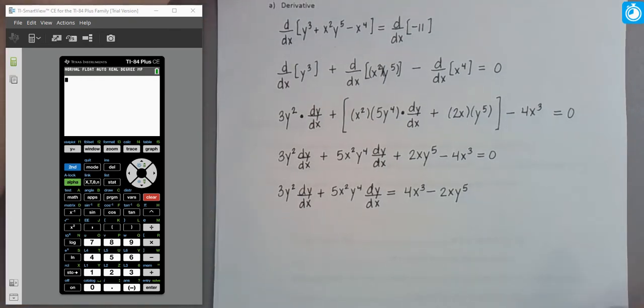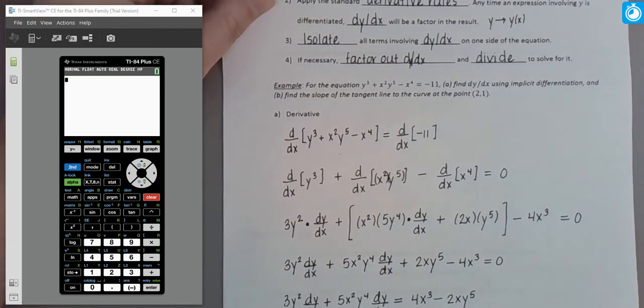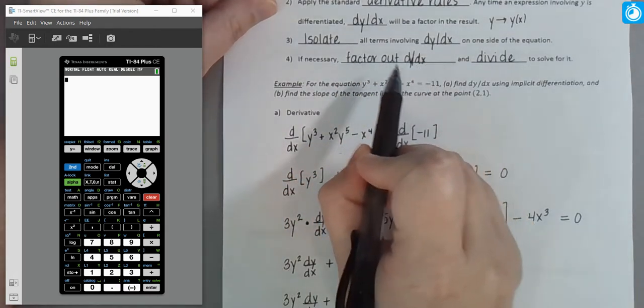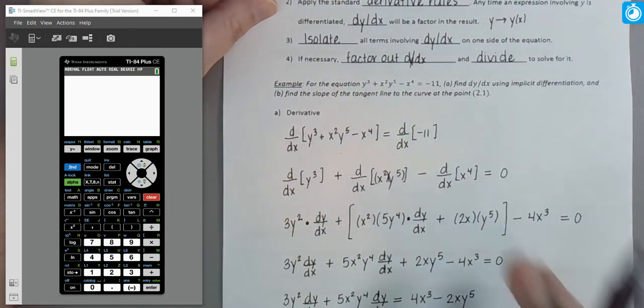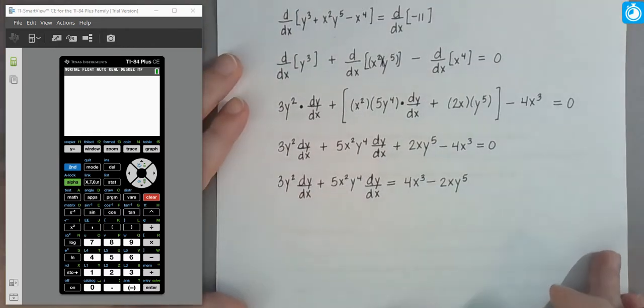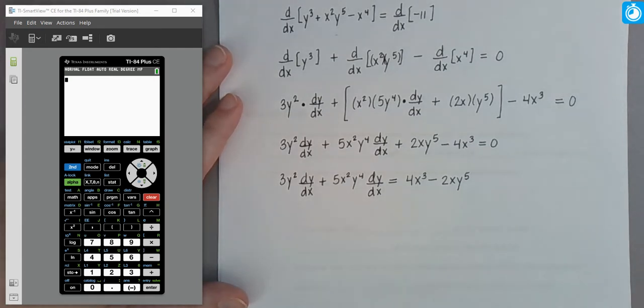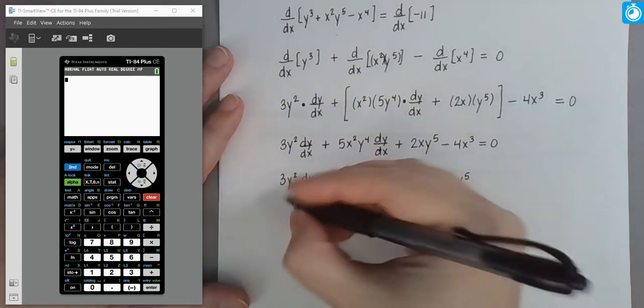Okay, so the next thing to do, once we have all those terms on one side, everything else on the other, we're going to factor out that common dy dx on the left-hand side. So notice, it's something that these 2 terms have in common. It's not the only thing they have in common, but it is the thing we want to solve for. So all we need to worry about factoring out is what we want to solve for, which again is that dy dx.